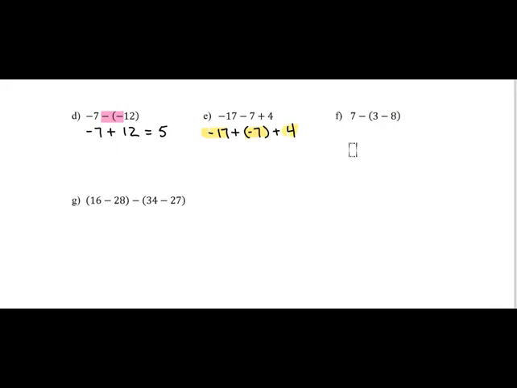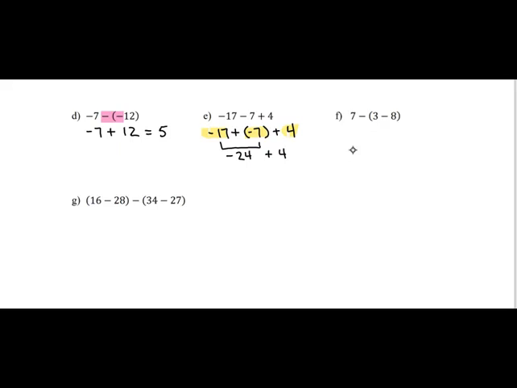So we're going to do it one step at a time. I am going to add the first two numbers. -17 plus -7. Both numbers are negatives, so I keep the negative sign. I add the two values. So I get -24. Bring the 4 down.